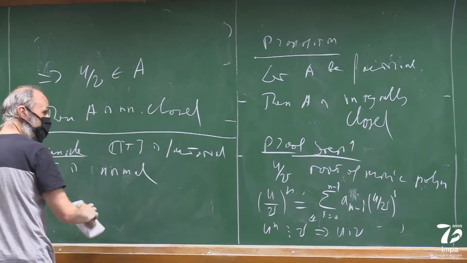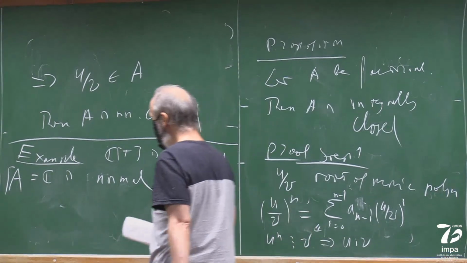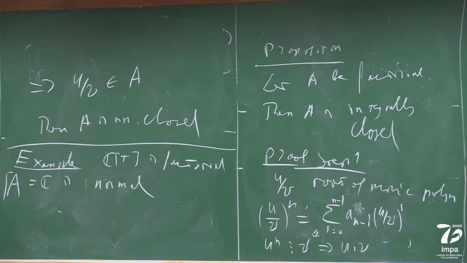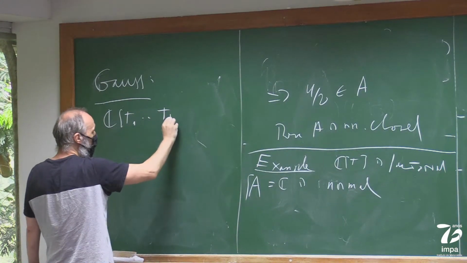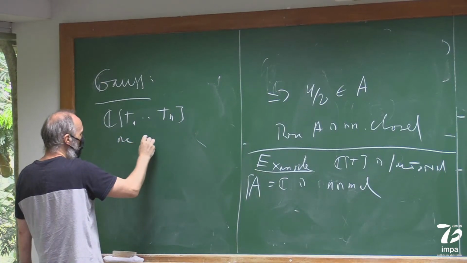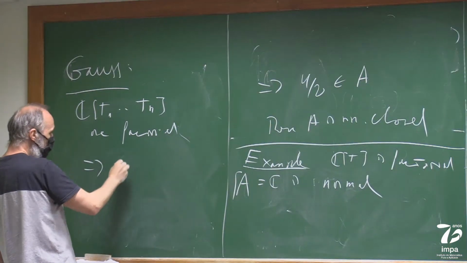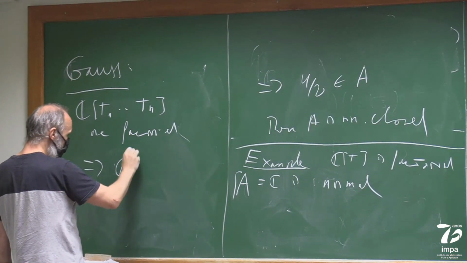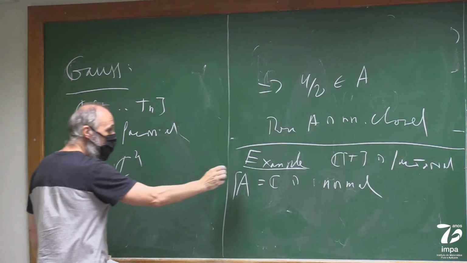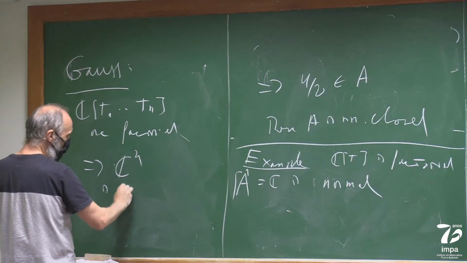And another example is due to Gauss. Gauss proved that polynomial rings are factorial. So P is something we'll discuss next lecture. So polynomial rings are factorial. Then the affine space C^n is normal again.